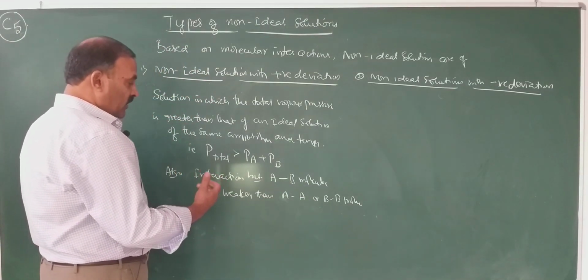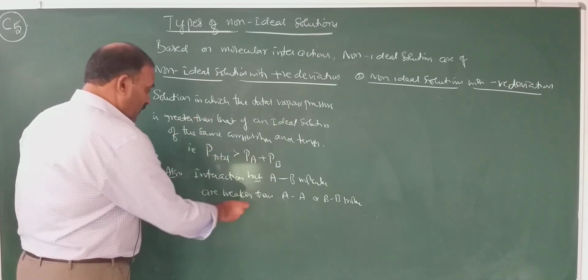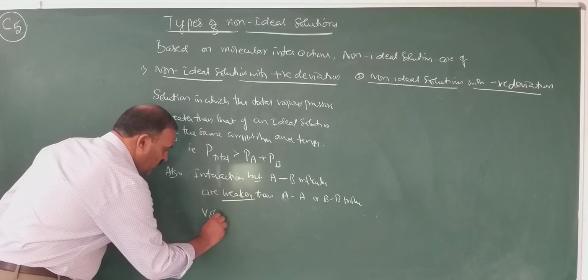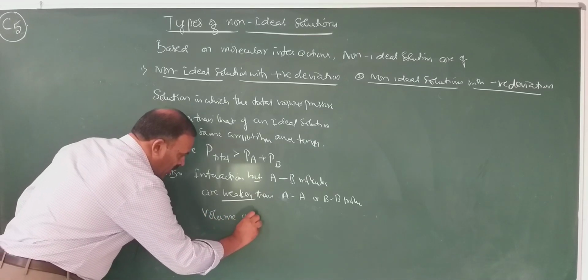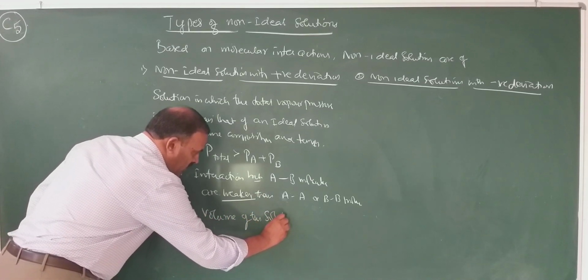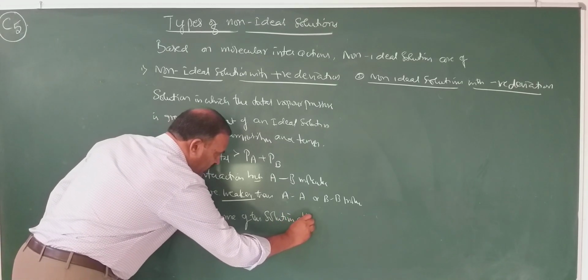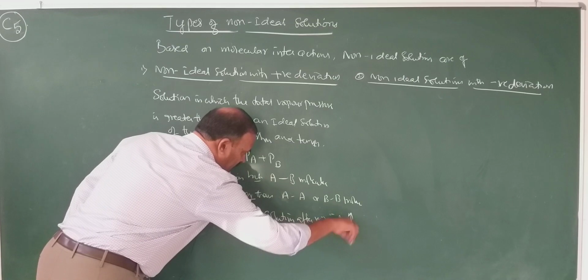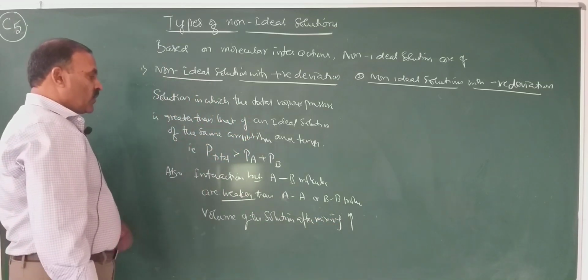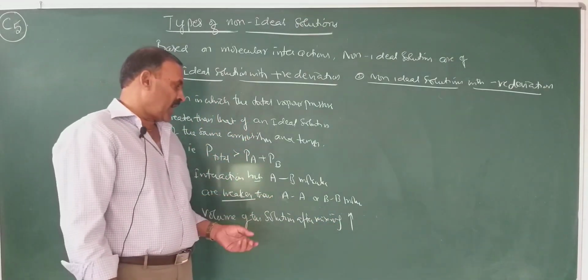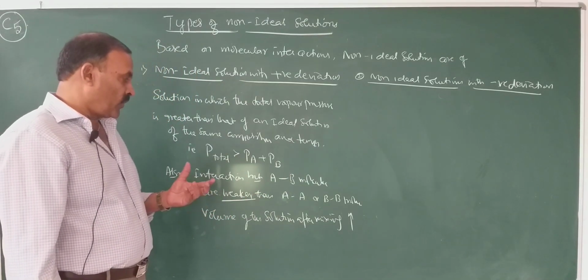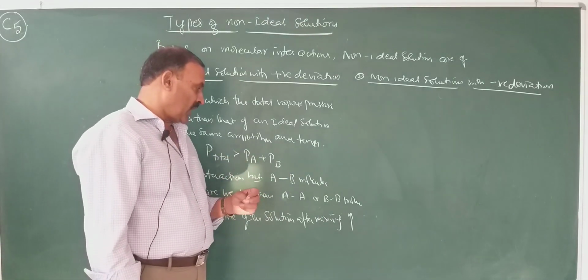As the attractive forces become weak, what happens? The volume of the solution after mixing increases. That means if you add 10 ml of liquid A and 10 ml of liquid B, the total volume will be more than 20 ml.